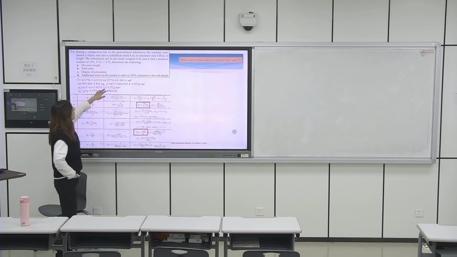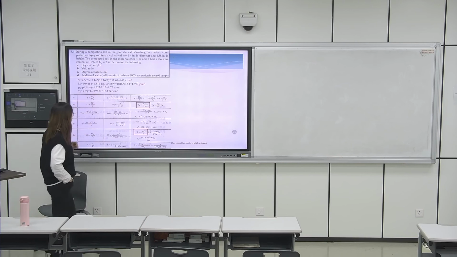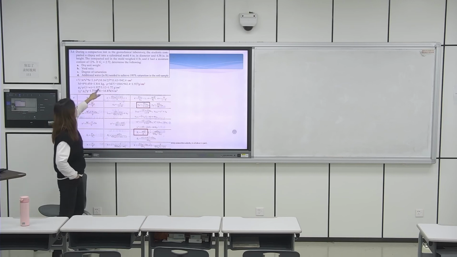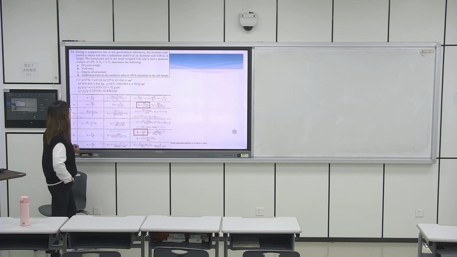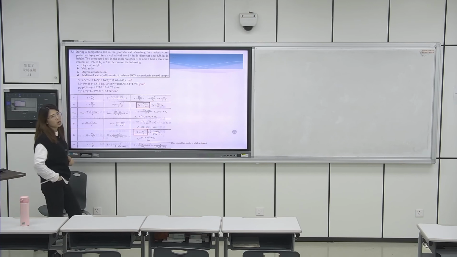And once we know the density, we can use it to calculate the dry density. Dry density multiplied by gravity gives you the dry unit weight.